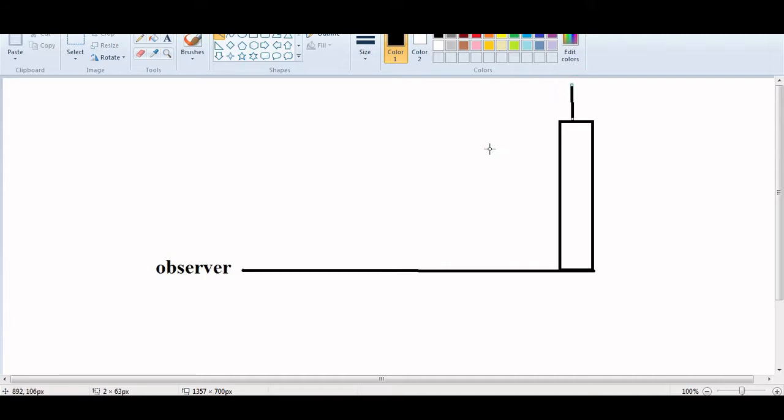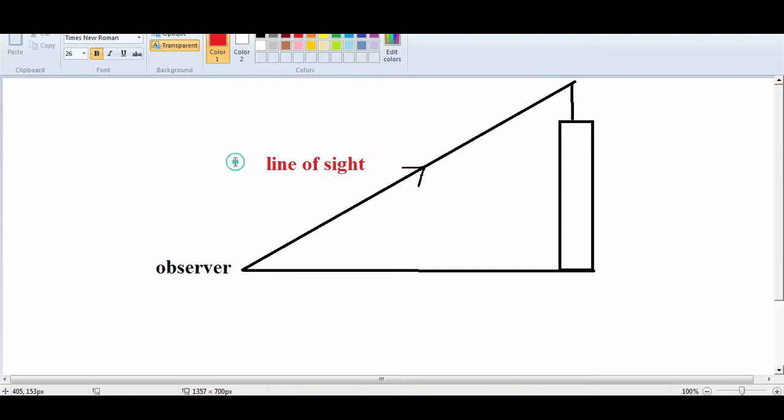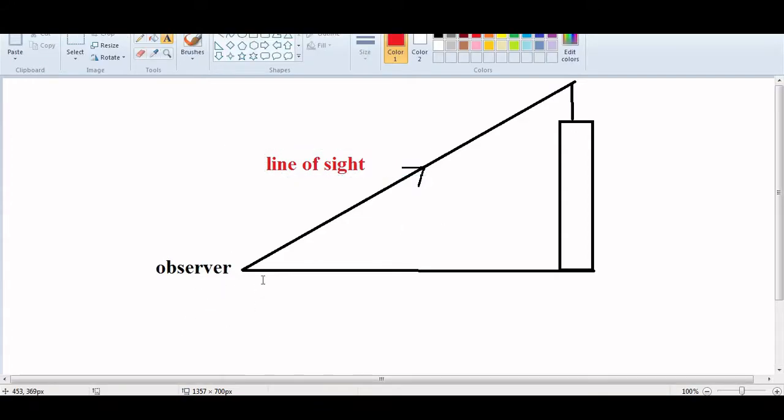If the observer is looking at the tip of the tower by this line, then this is the line of sight. This line is the line of sight by which the observer is looking at the object.